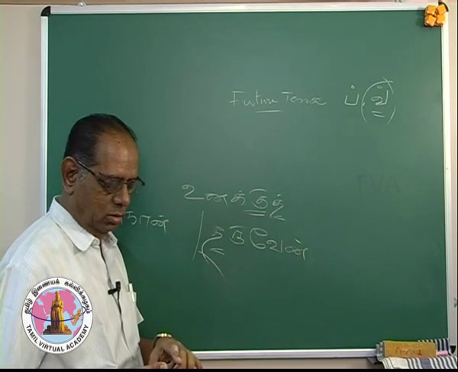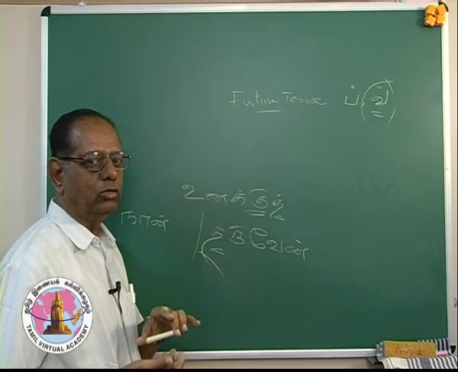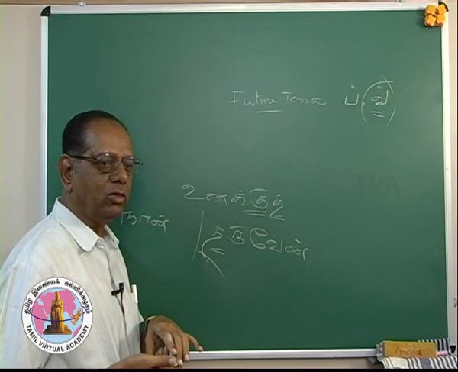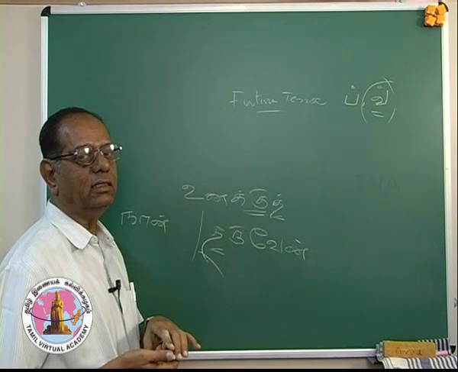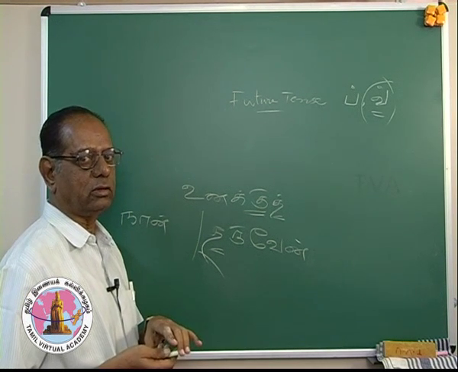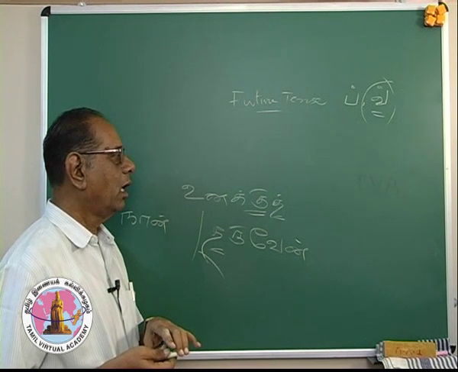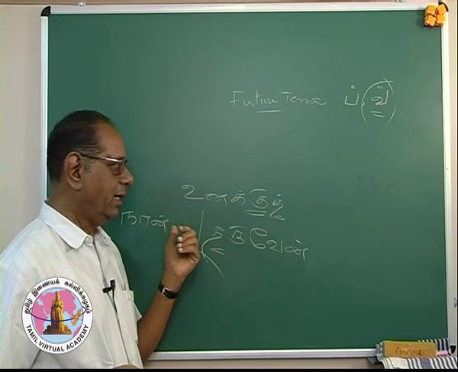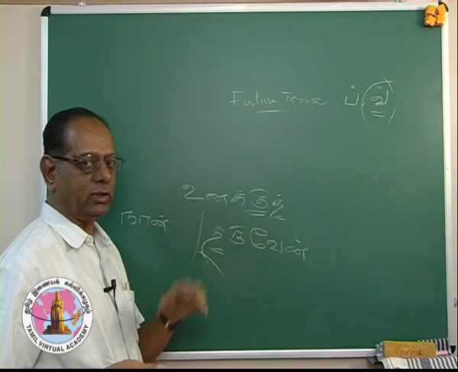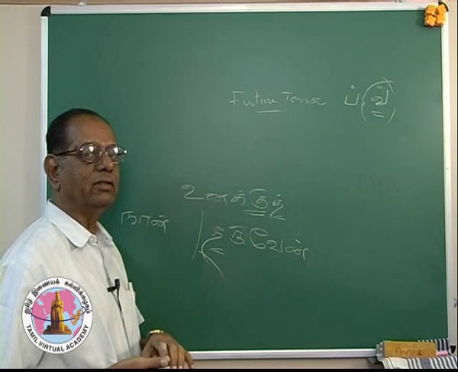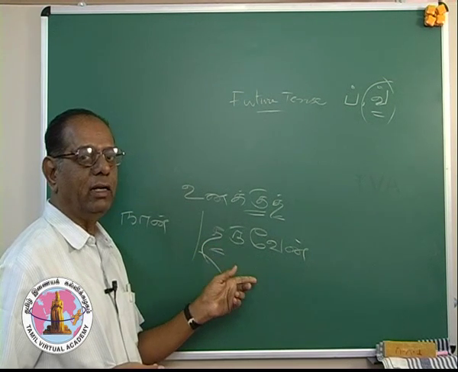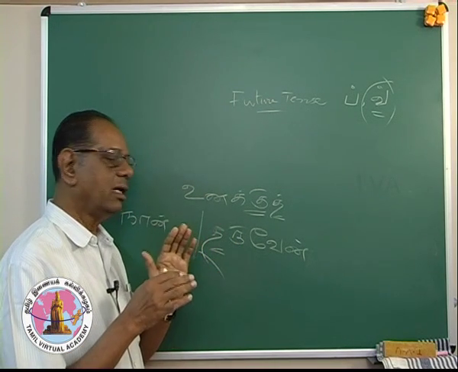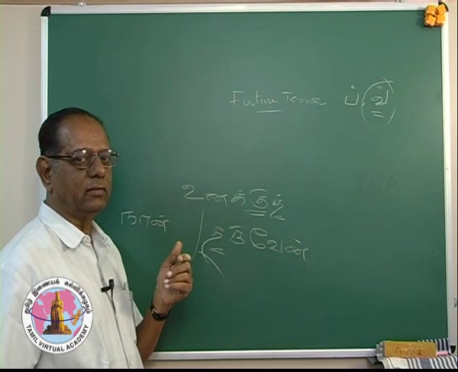You know, you have in English two types of objects. One is a direct object and the other is an indirect object. So also here we will be having a direct object and the indirect object. What will be the difference between English and Tamil as far as this formation is concerned?